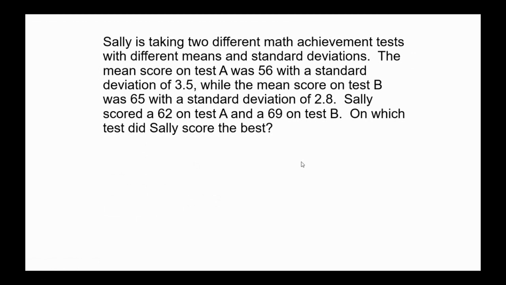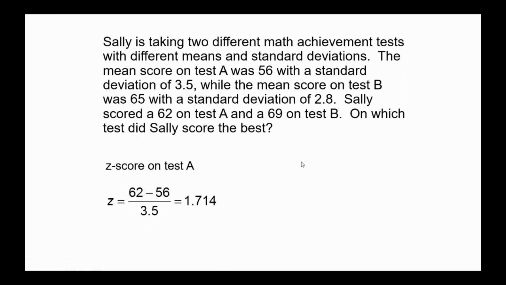The 56 is the mean score, that's the average. Oh, she made a 62. So we need to standardize these. We're going to do her 62 minus, what was the average on test A? 56. And then we divide that by the standard deviation, which was 3.5.